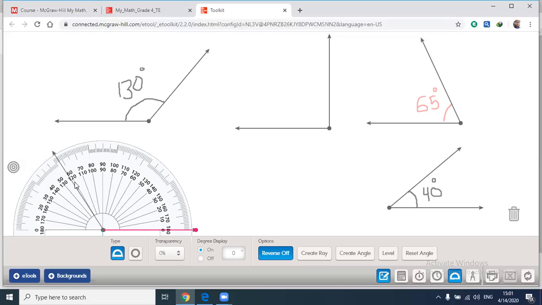Here, not exactly at 120. This would be after 120, count 121, 122. So the measure of this angle will be 122.